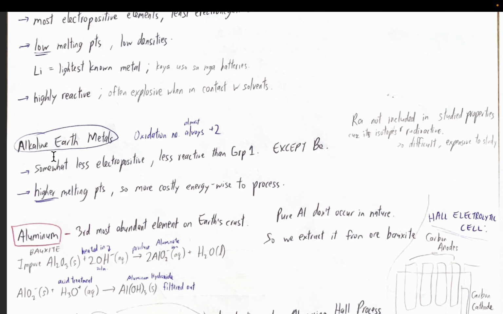Okay, so oxidation number is just a hypothetical charge, but ionic charge is the actual charge of an ion. Okay, I think that's enough to know. Oxidation number is just hypothetical. For ionic charge, it's the actual.